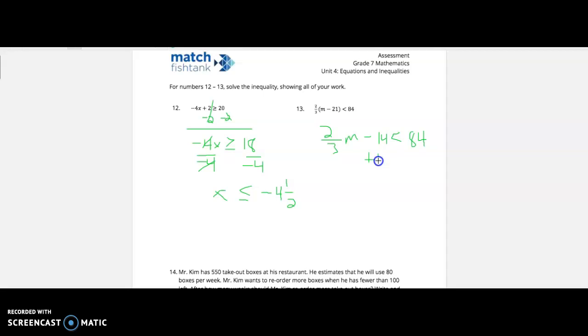And we add 14 to both sides. So that will cancel out. We're left with 2/3 m less than 98. So if you divide both sides by 2/3, m is going to eventually be 147, so m is less than 147.